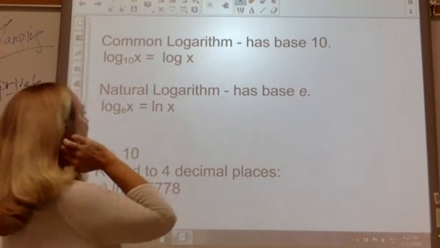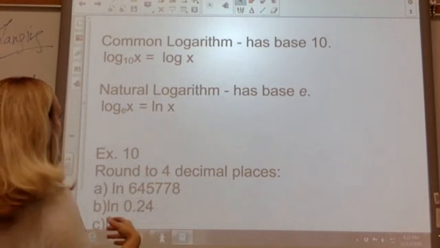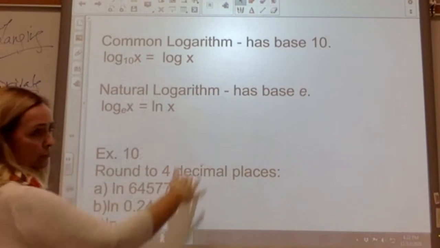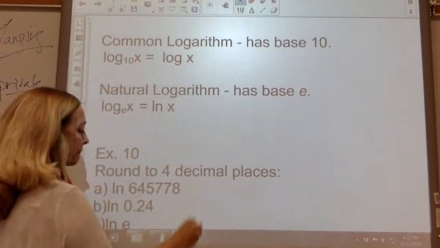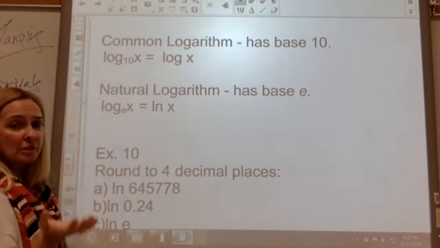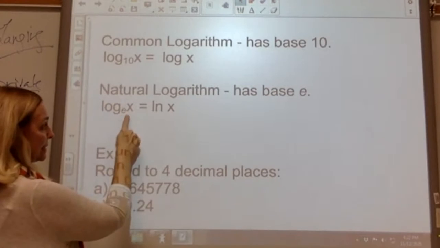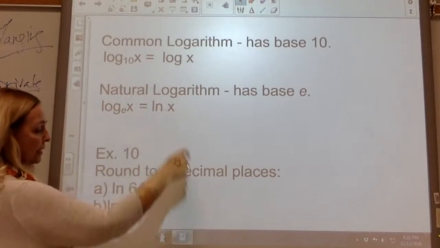Now, in section 3, we learned about the number e. And so we have what are called natural logarithms, and their base is e, that number, okay? So you will never see log base e of x. The symbol for natural log is ln.